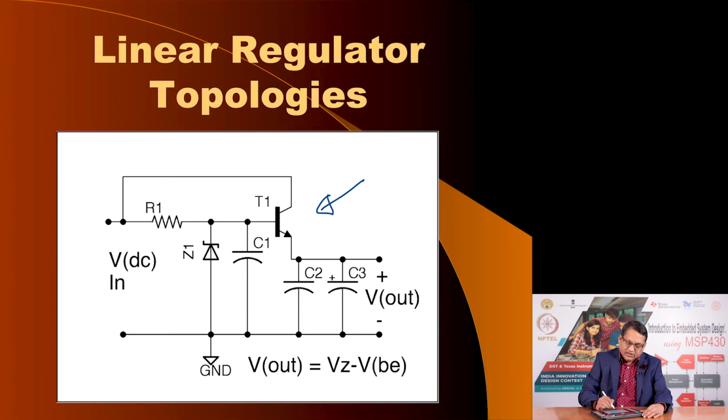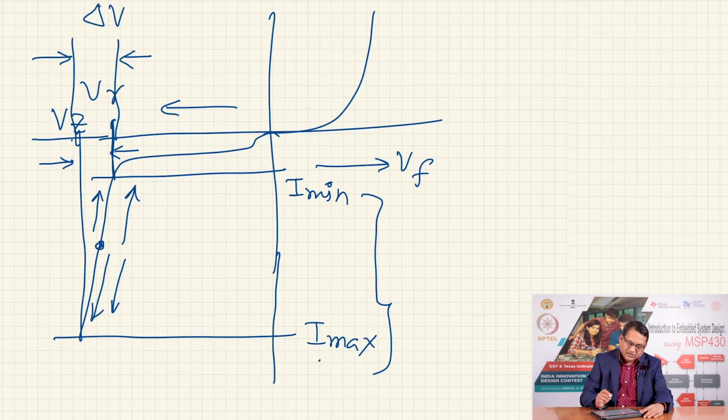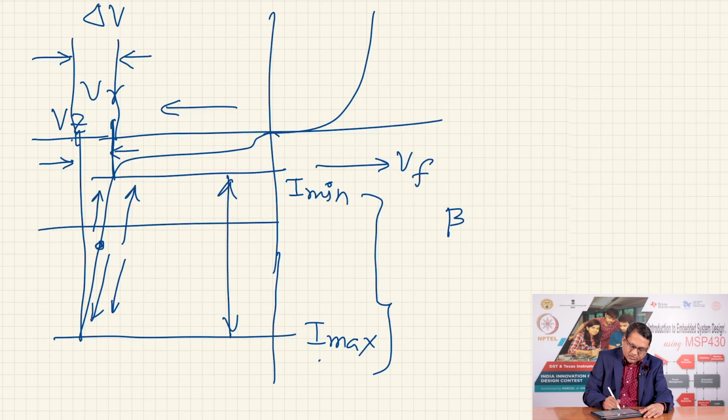Now, because the transistor has a current gain of beta, and the load is going to be connected here, if we have the same amount of load as in the Zener only power supply, the Zener current would be reduced by a factor of beta, which means instead of this entire variation, the variation would be restricted to a smaller region.